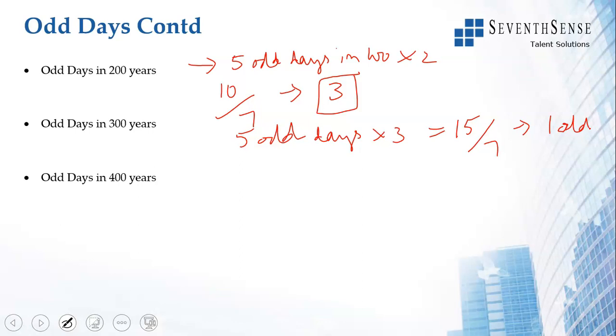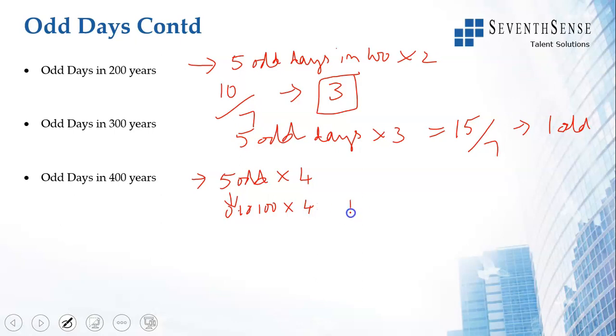Odd days in 400 years. You can do 5 odd days into 4. So 0 to 100 has 5 odd days and then you multiply by 4.